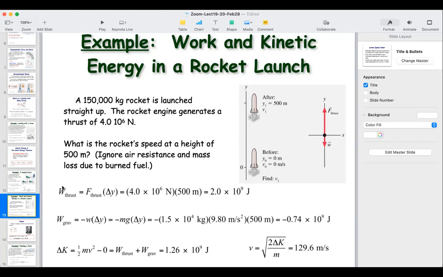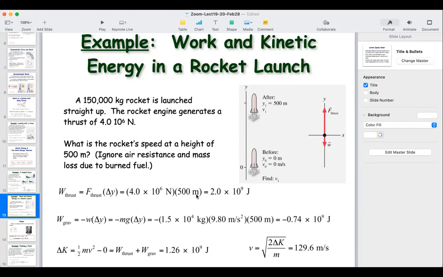So we first find the work made by the thrust. The work made by the thrust is the force of the thrust times delta y, which is equal to 4 × 10⁶ Newton multiplied by 500 meters, and it gives you 2 × 10⁹ joule. So this is the work done by the thrust.